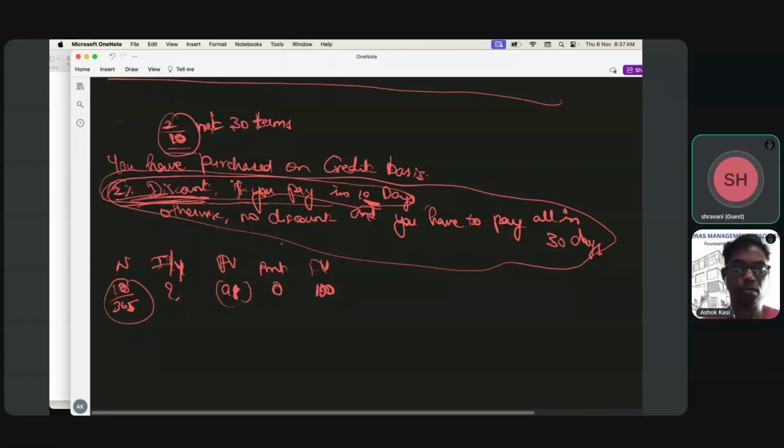Minus 100. How minus 100? No. Just calculate again. I'm getting 109.40.